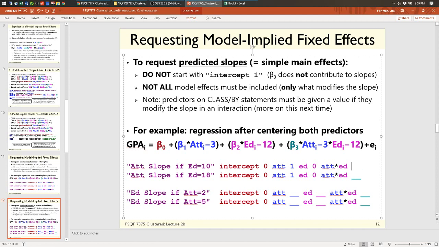This is where we fill in the value for education. Because it's -2 times beta 3. That's what we need. Likewise, what goes here if I want education equals 18? 6.